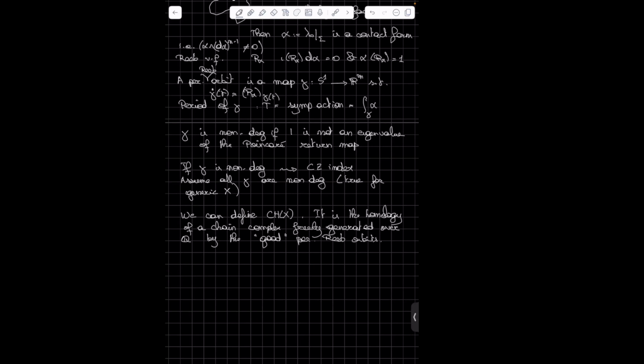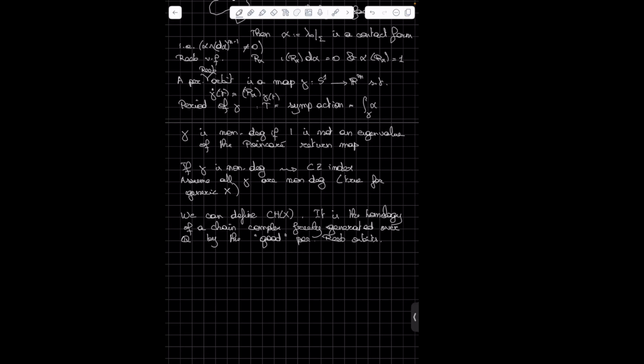That has to do with the parity of the index of the iterate of an orbit with respect to the simple underlying orbit. We say an orbit is bad if its index doesn't have the same parity as the index of the underlying simple orbit. And so there's the complex.